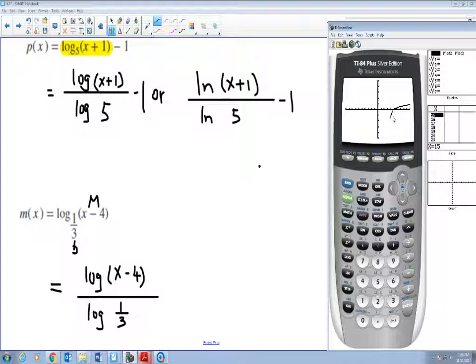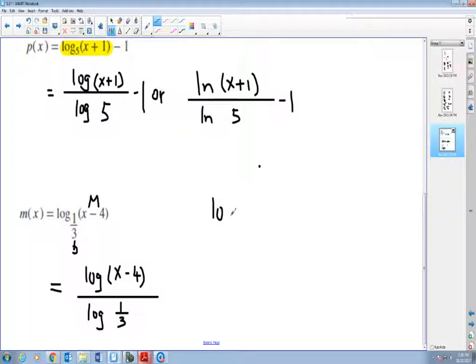It's a one-to-one function, so that means I have its inverse. Rather than find the formula for the inverse of this, well, I can, because this is a base 10. If I want to find its inverse, I'm going to purposely write 10 right here. Set it equal to y, move the base over, so I get x minus 4 equal to 10 to the y power.